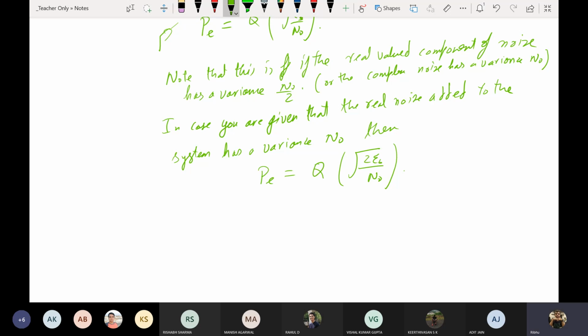You don't rely on the formula. You look at the statement properly. The noise can be real valued. The noise can be complex valued. So if you are dealing with real valued noise with a given variance, then you reduce it to this expression. What we have done is for complex valued noise having this variance, but if you are dealing with real valued noise having a given variance, then the final expression changes, but the steps remain the same.